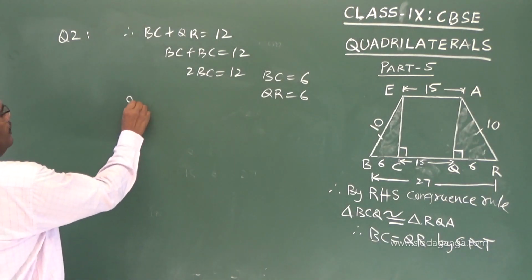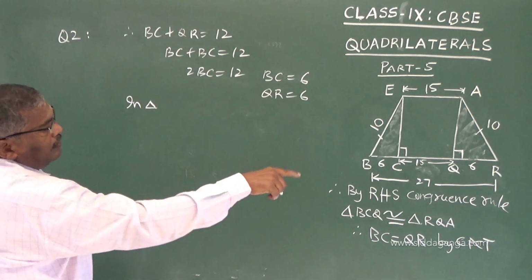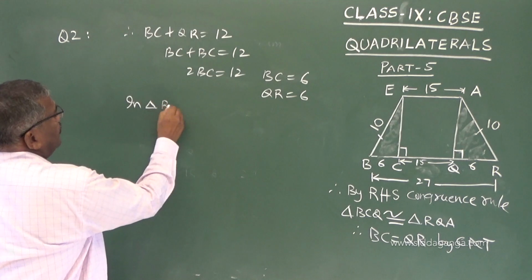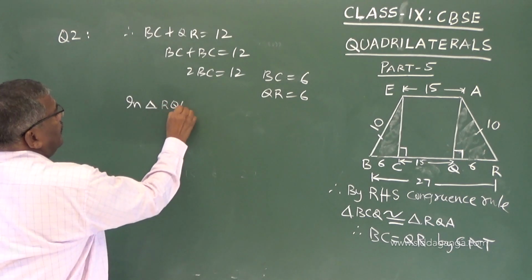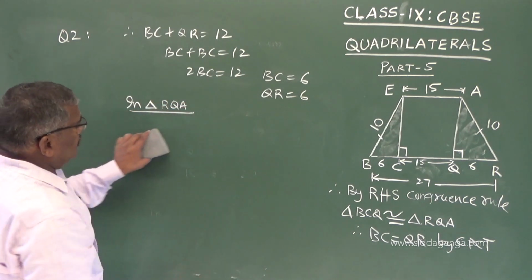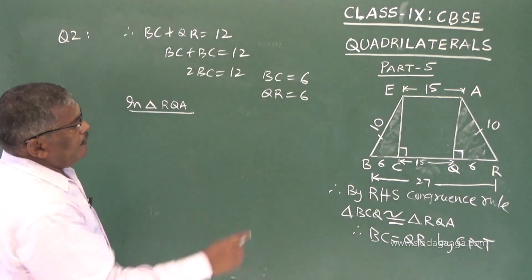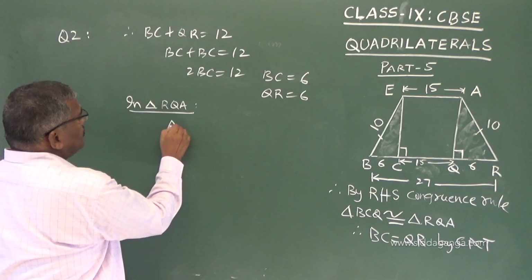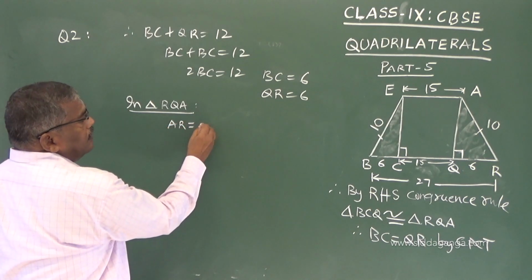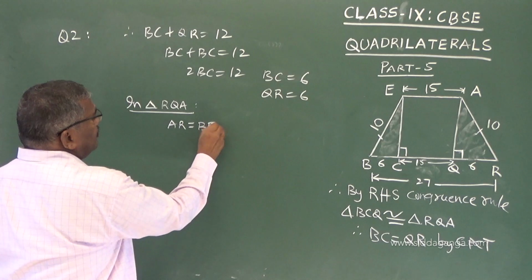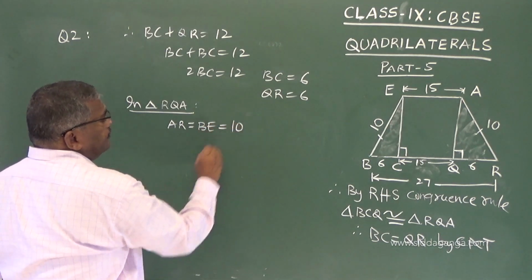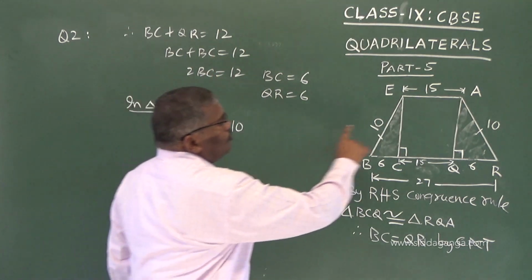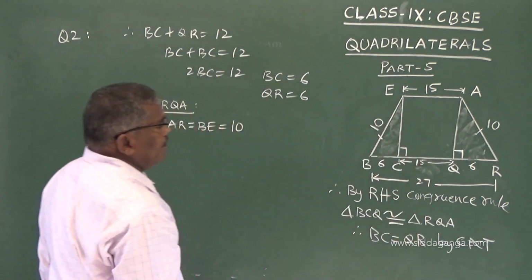So, in triangle RQA, I will write the dimensions. AR equals BE, that is equal to 10, because it is an isosceles trapezium, two legs are equal.